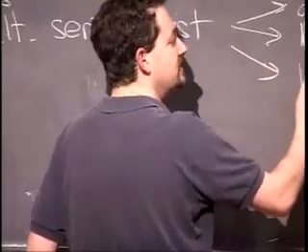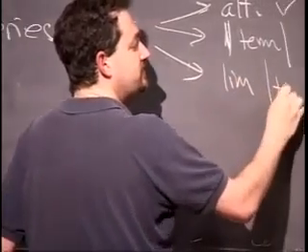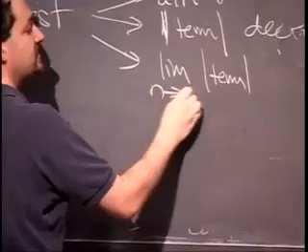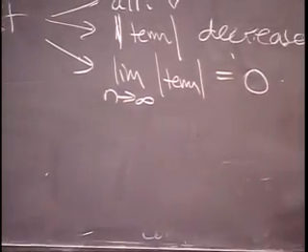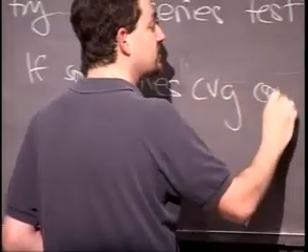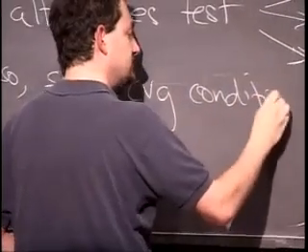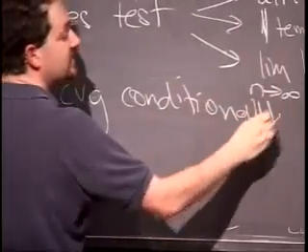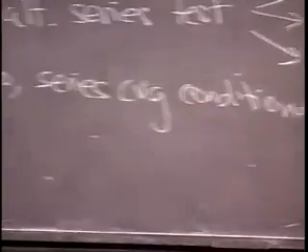And finally, you need the limit of the absolute value of terms as n goes to infinity to be 0. If these are all true, the series converges conditionally. Why conditionally? Because you've already checked that it doesn't converge absolutely.